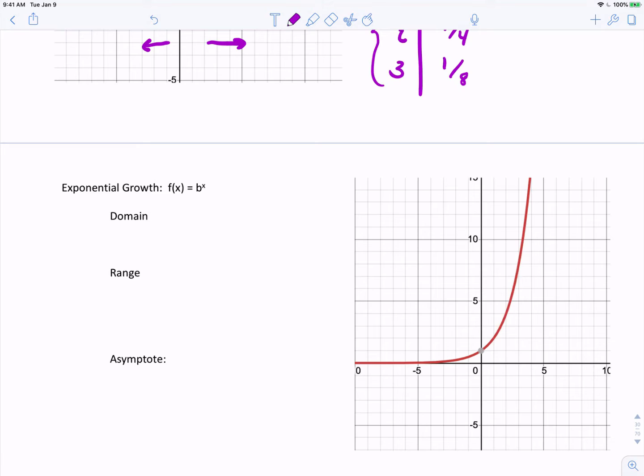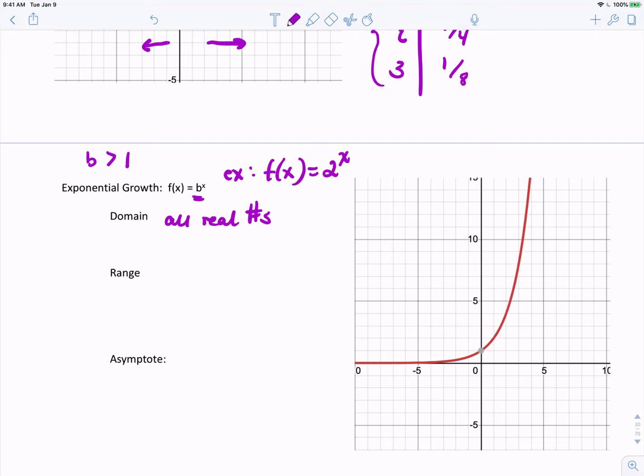The first function we looked at, f of x equals 2 to the x, is an example of exponential growth. When b is greater than 1, when your base is greater than 1, you're looking at exponential growth. Your domain is all real numbers, so there's no number that you can't use as the exponent of a function.